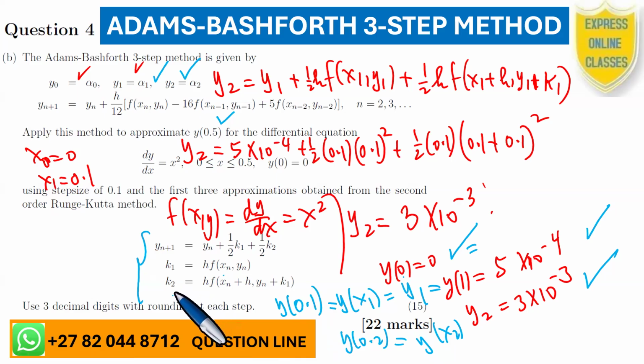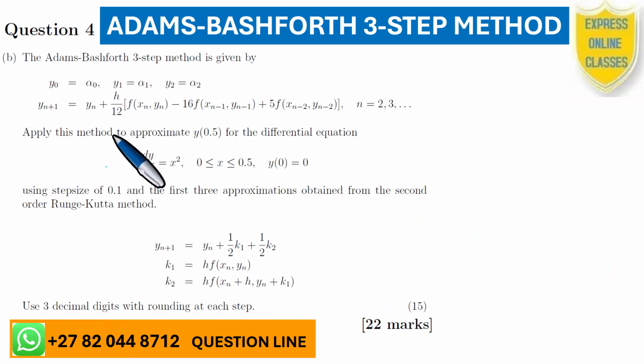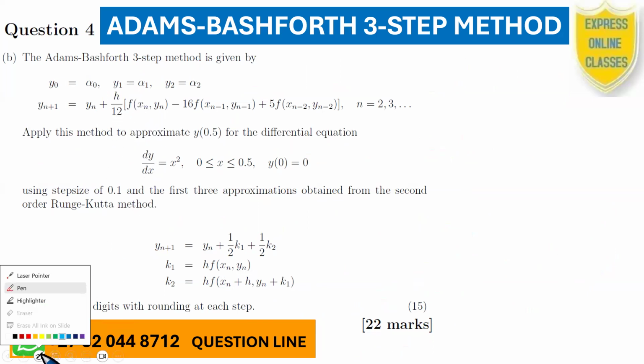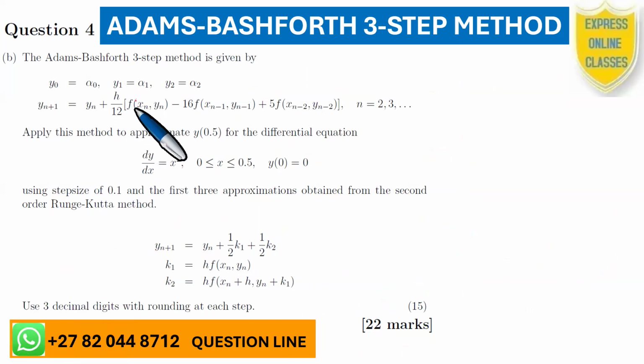Okay, so now we want to find y3, y at 0.3, using the Adams-Bashforth method. We're going to do y3, which is y2 plus h divided by 12, where h is 0.1.